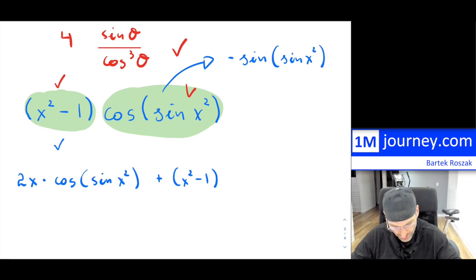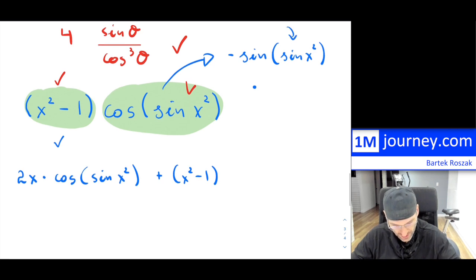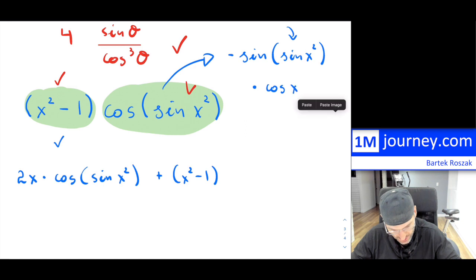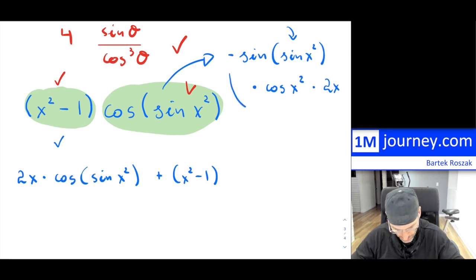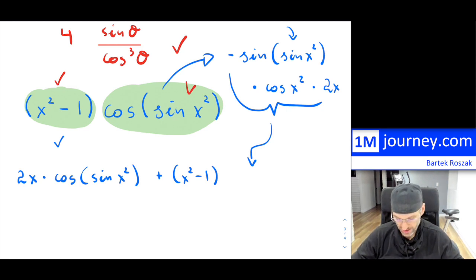And now I have to multiply this by the derivative of this, which is, so the derivative of sine is cos. So that's going to be cos of, and this is going to be x squared. And now again, another chain, so multiplied by 2x, which is from the x squared. So that's quite a lot. And now if I input all of this, right here, then I'm going to get my entire derivative. Now, that derivative is not going to look very pretty at all.